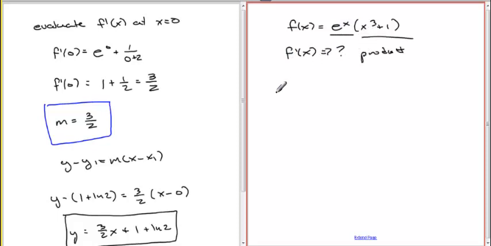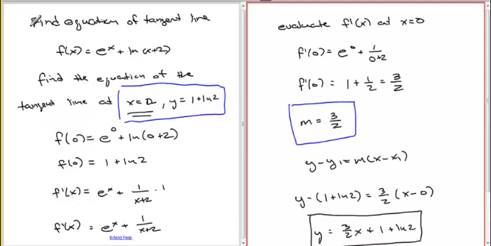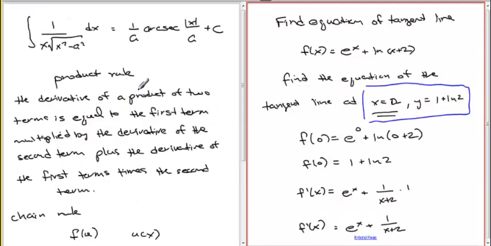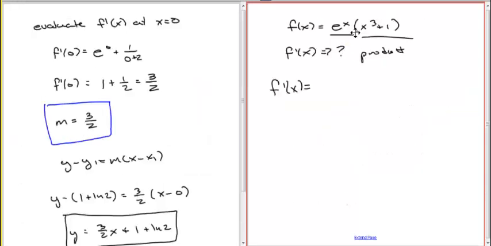The product rule says that the derivative of the product of two terms is equal to the first term multiplied by the derivative of the second term, plus the derivative of the first term times the second term.